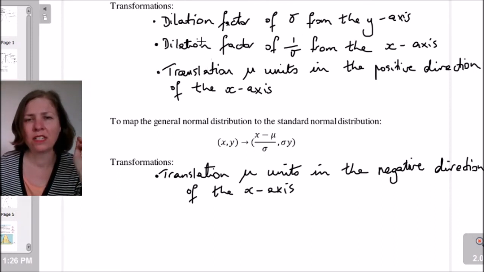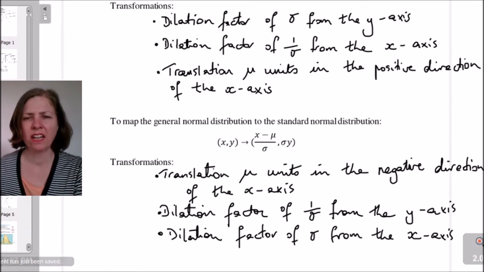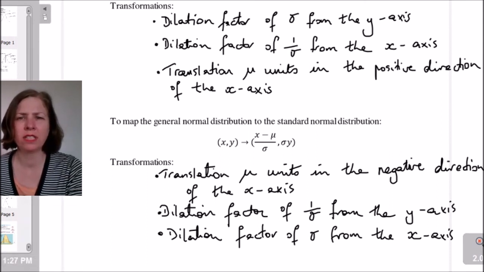So I had a dilation factor of 1 on mu from the x-axis, 1 on sigma from the x-axis, and from the y-axis my dilation factor was sigma. I just now have to take the reciprocal of that so that I am going back to where I started. So there, I've written it down, dilation factor of 1 on sigma from the y-axis.